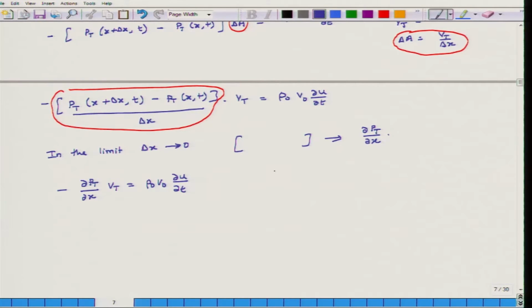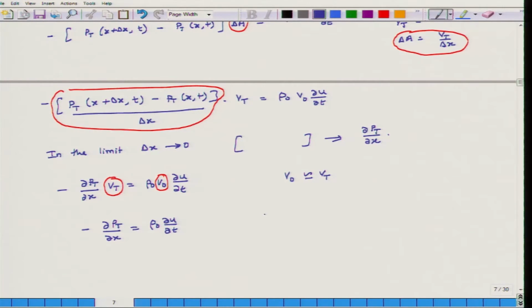And finally, we note that V naught is approximately equal to V t, because the changes in volume are very small. So, when I take the ratio of V t and V naught, it is very close to 1. So, these terms cancel out, and minus del p t over del x is equal to rho naught del u over del t.